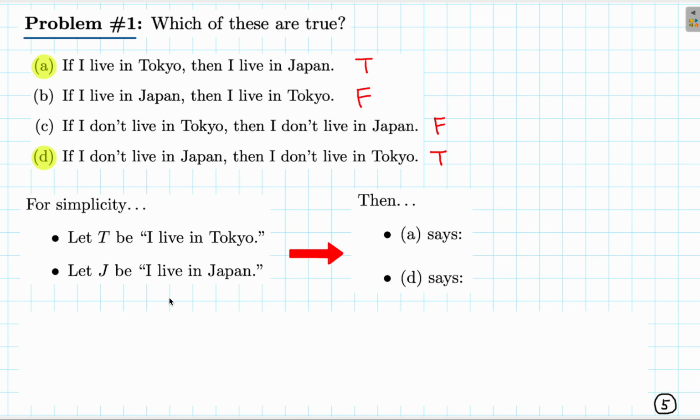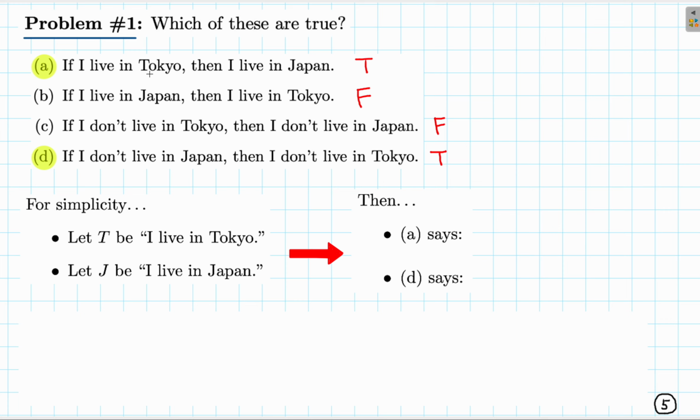And for simplicity, I'm going to introduce variables. So we're going to let T be the statement, I live in Tokyo. And we're going to let J be the statement, I live in Japan. And so if I use those symbols, then we can rewrite the implication in part A as if T, then J, right?